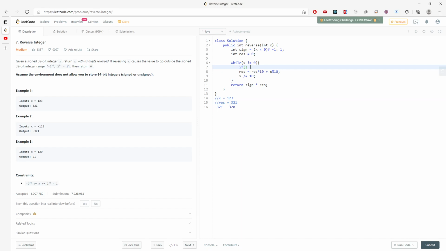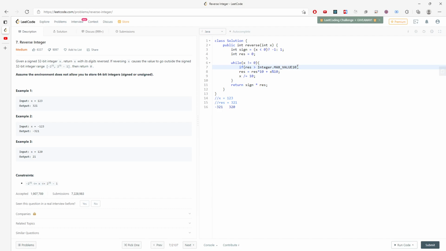So if the result is greater than integer.max value divided by 10, then you know this is out of bound, because you are not allowed to multiply.